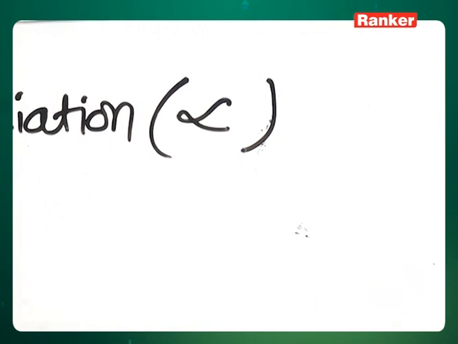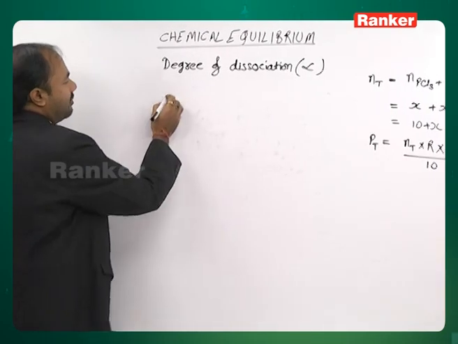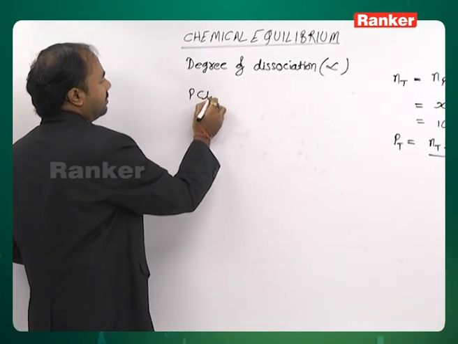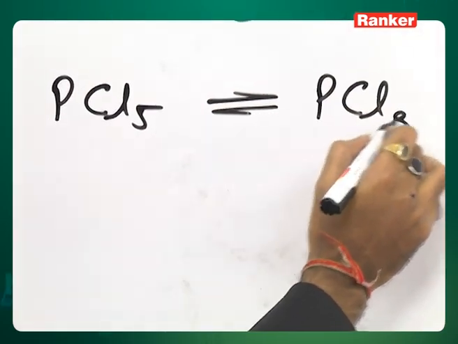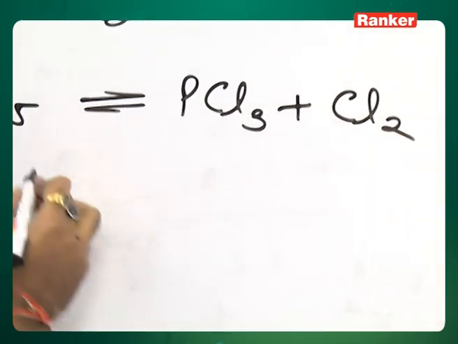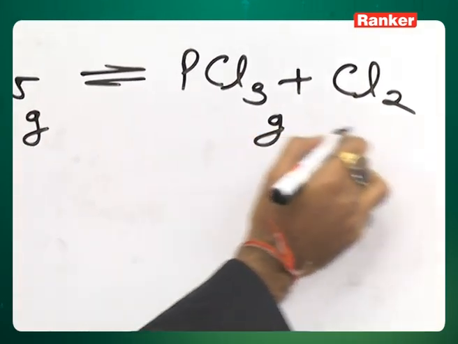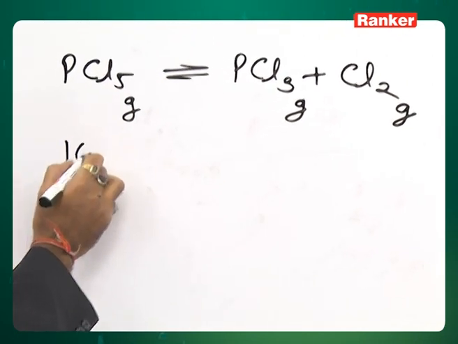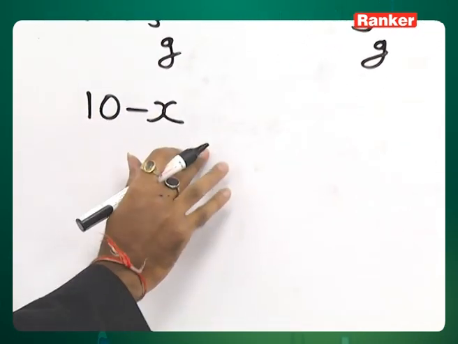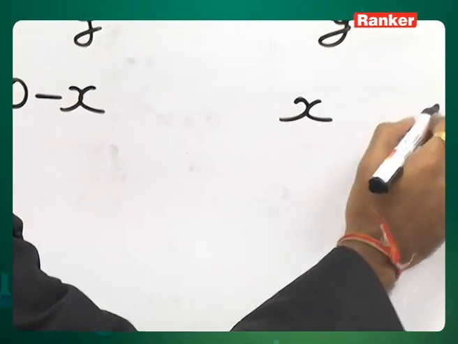Now see, this same problem we pick up again. PCl5 we have got, and this is dissociating to give PCl3 and Cl2. We assume all gases here, and just now we assumed we had 10 moles. Out of 10 moles, X moles dissociated to produce X moles and X moles.